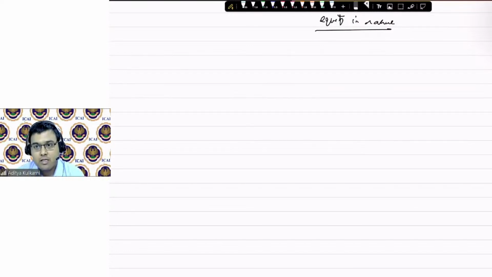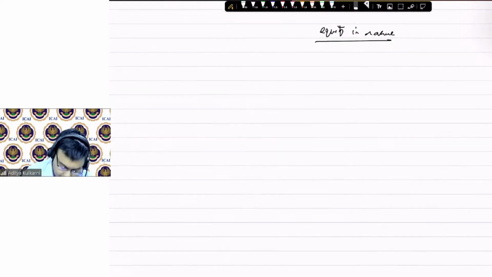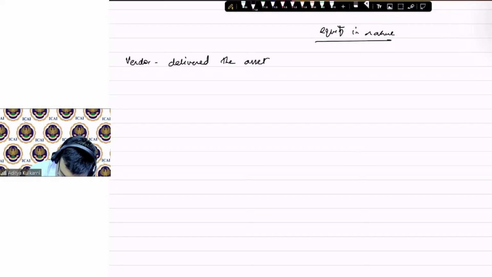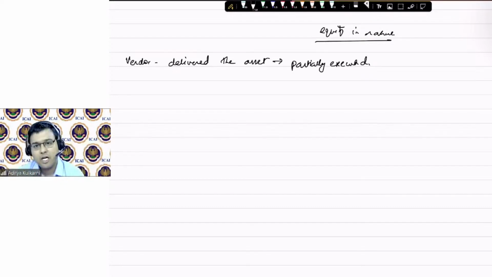Acha, until this is settled, see, I was expecting a question, doesn't matter. Vendor delivered the asset. So this becomes which contract? Partially executed. So I have to recognize a liability.